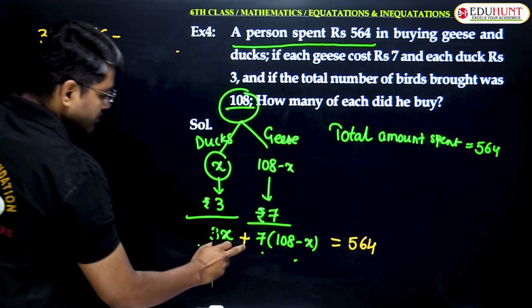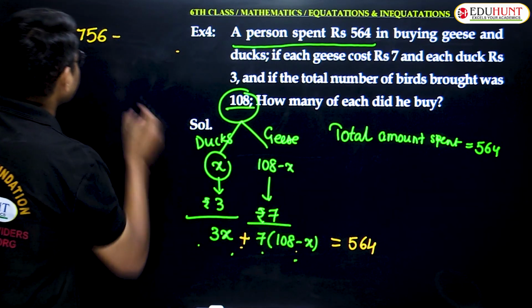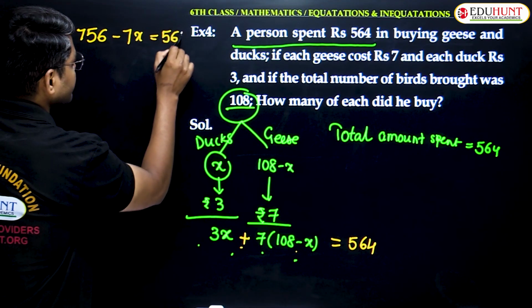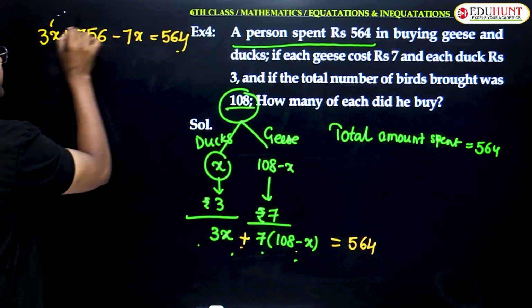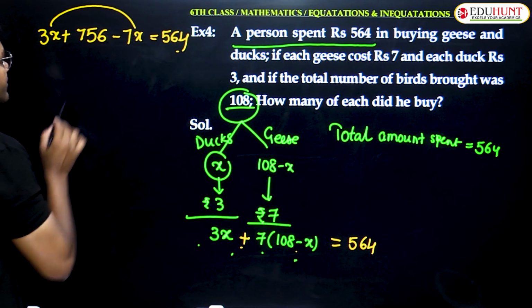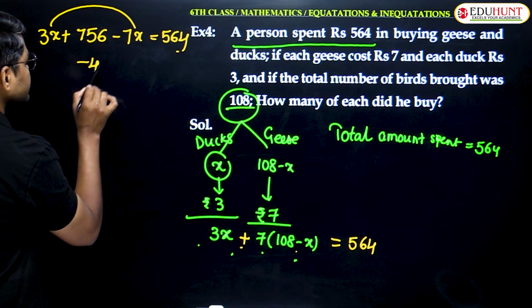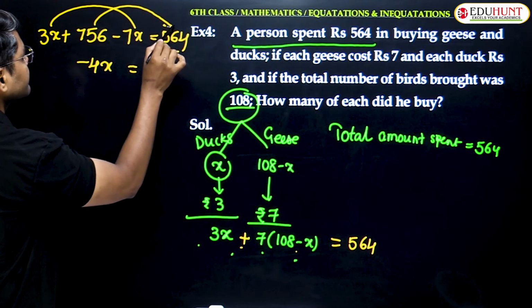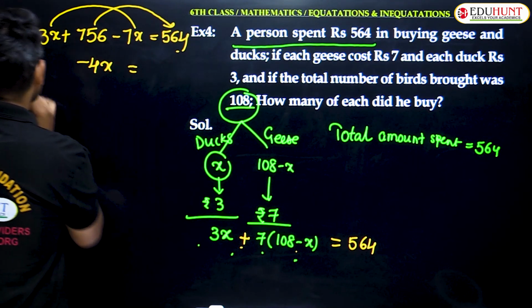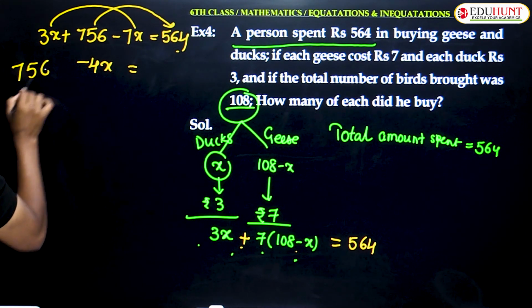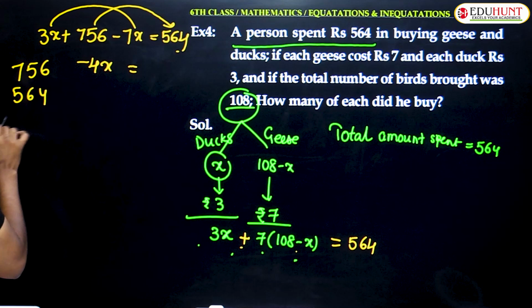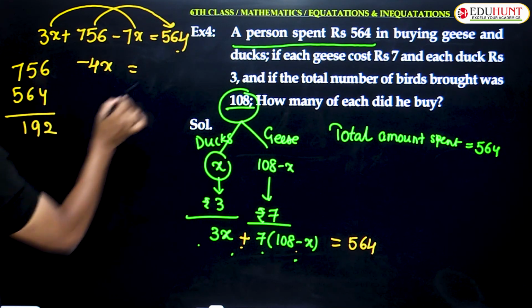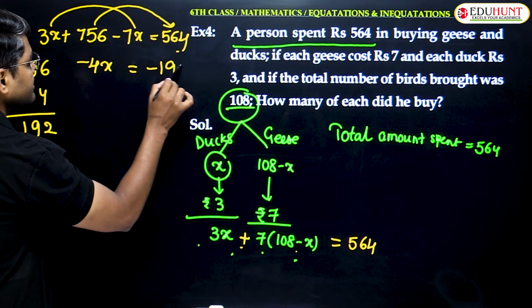Minus, plus into minus is minus. So 7 into x, 7x, equal to 564. Plus 3x minus 7x will be minus 4x equal to 756 minus 564. That is 192.